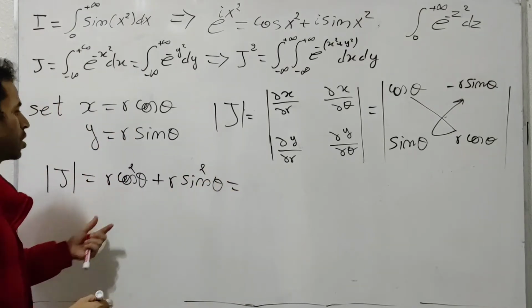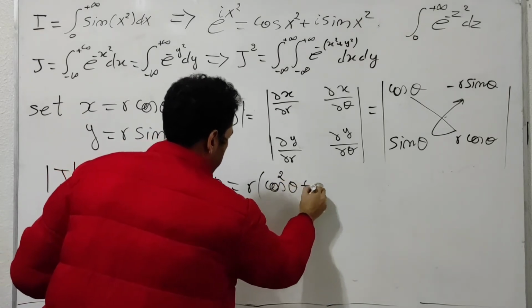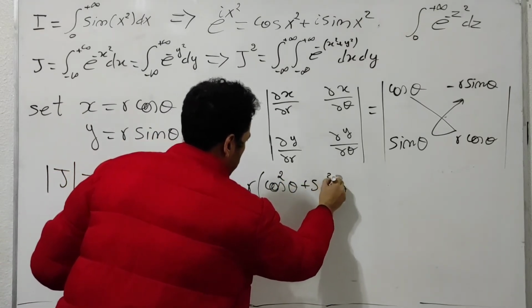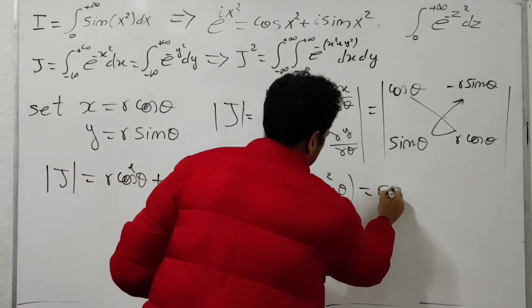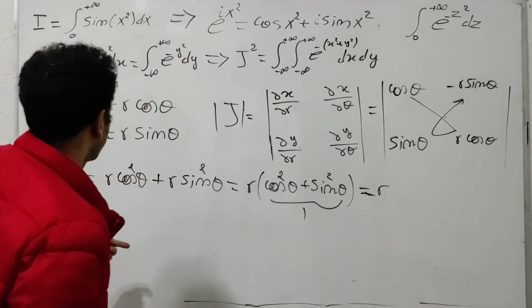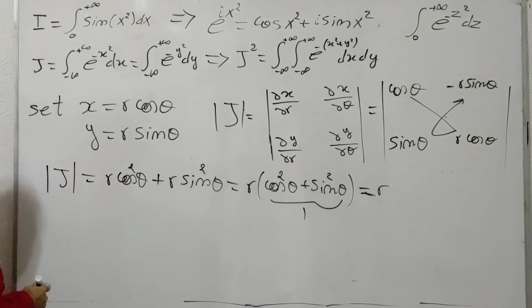I'm going to take r as a common factor. I will get r multiplied by cosine squared theta plus sine squared theta. We know this one equals 1, so it is r. Okay, so now I'm going to evaluate my integral.